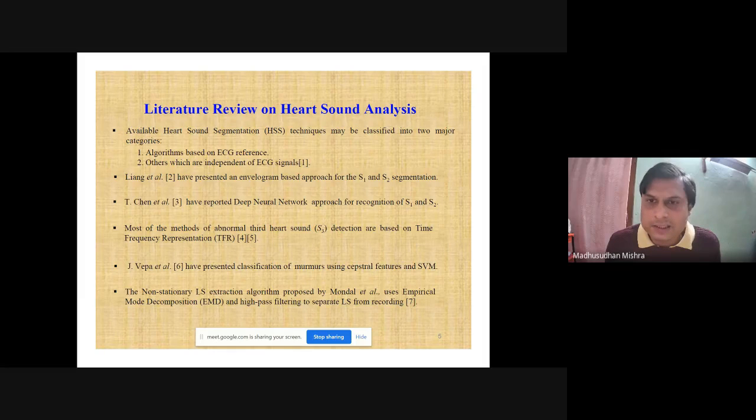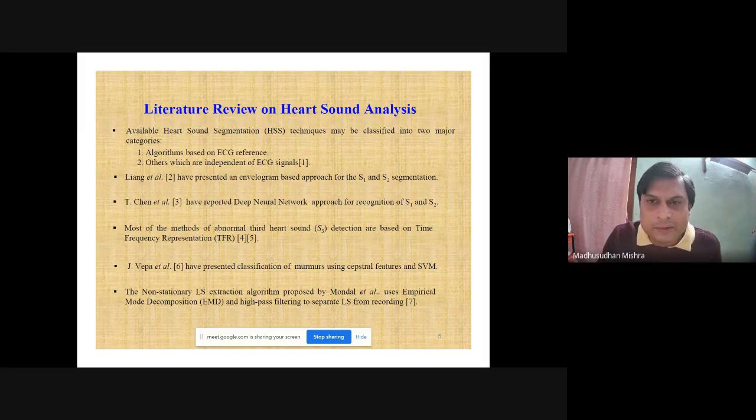So the first step is segmentation, and the available heart sound segmentation techniques, which have been reported for decades, can be broadly put into two categories: those algorithms which are based on the electrocardiogram signal as reference, and segmentation techniques which are independent of the electrocardiogram signal.